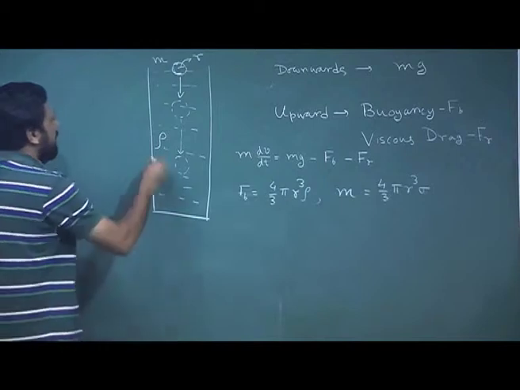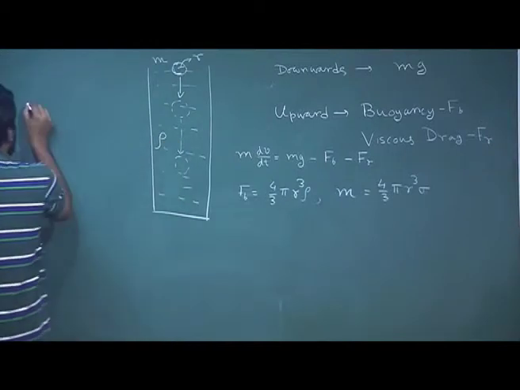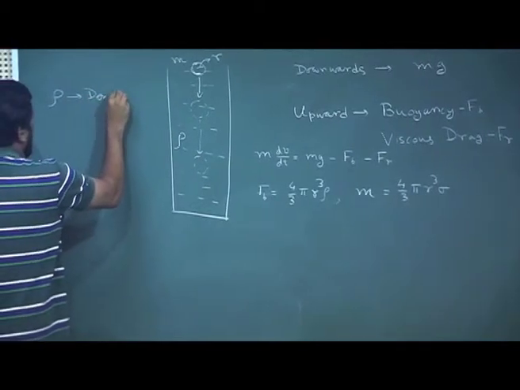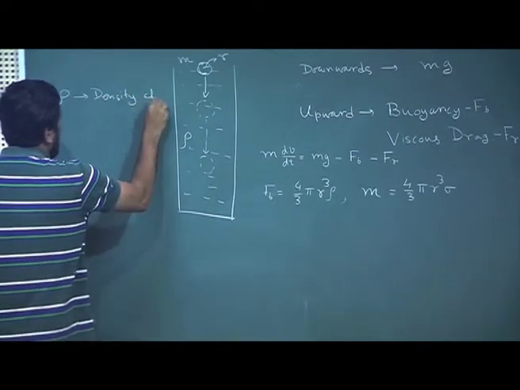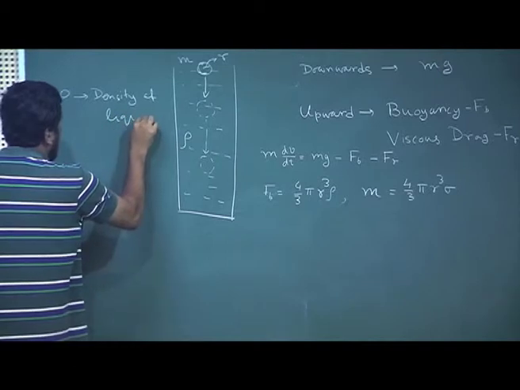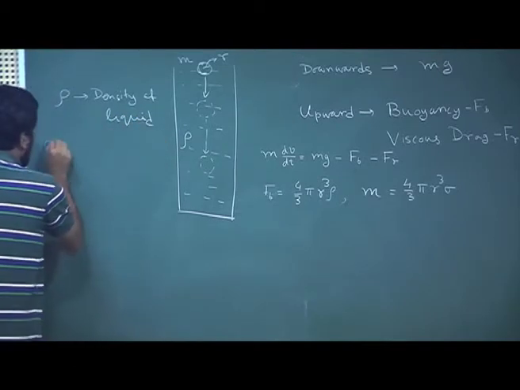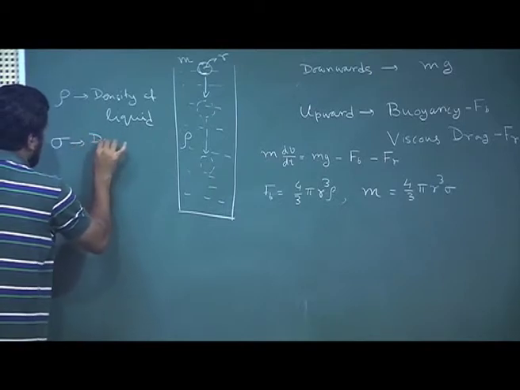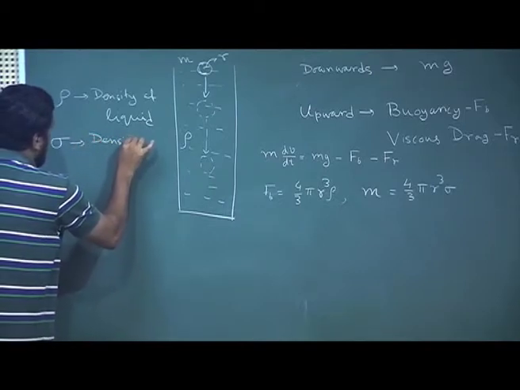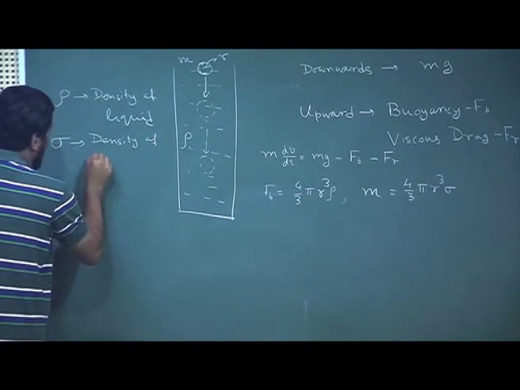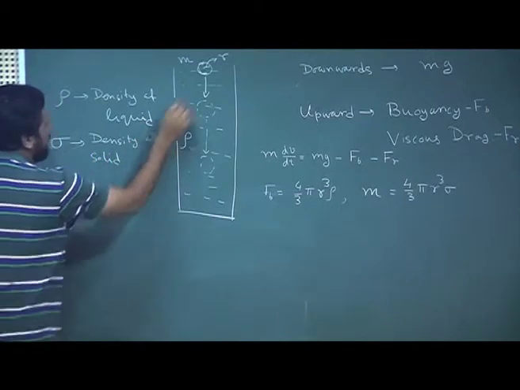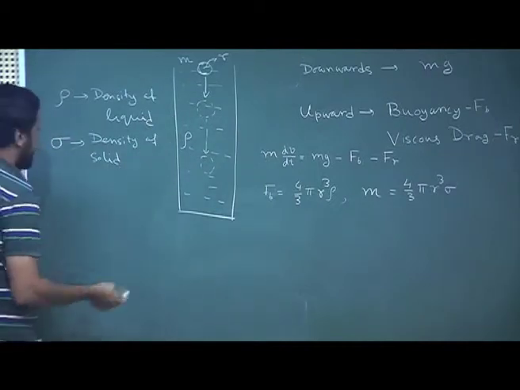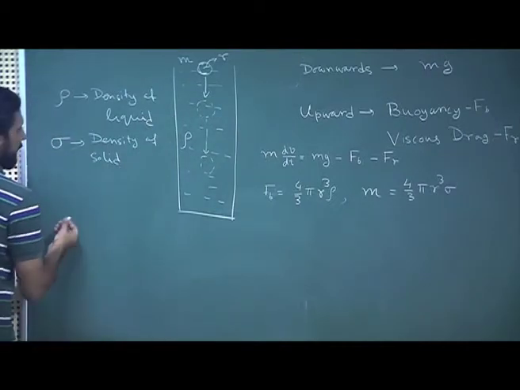Sigma being the, so rho is the density of liquid, sorry, not viscosity, and sigma is the density of the solid, the material of this ball. Okay. It could be a steel ball, or any other hard sphere.